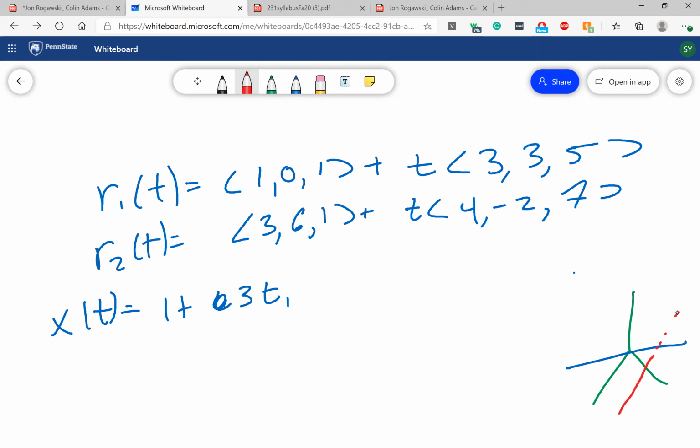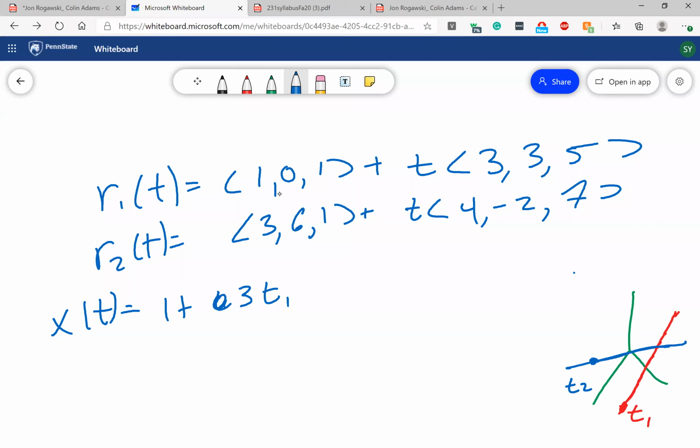So if here are your two lines, each one of them has some parameter for its t. This one would have t1, and as t1 grows, you move along the line. The other line has parameter t2, and as you move t2, you move along that line.